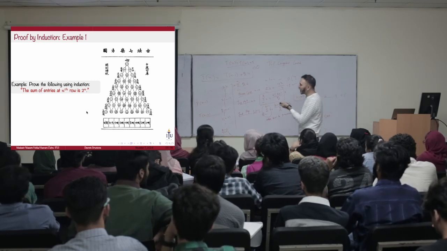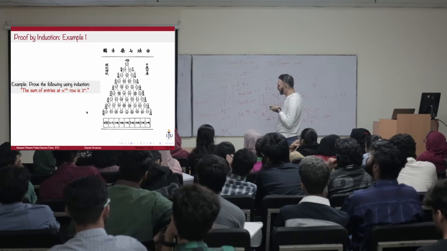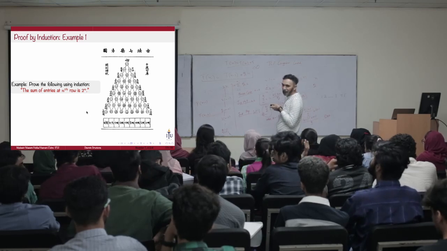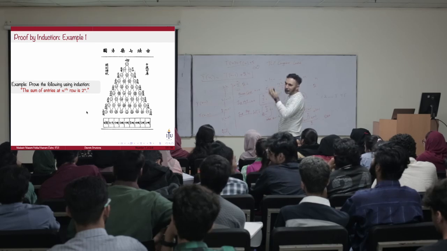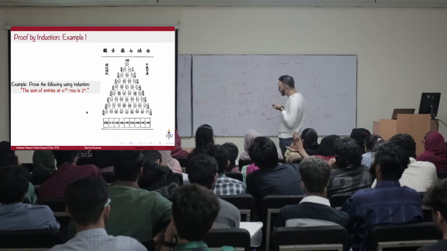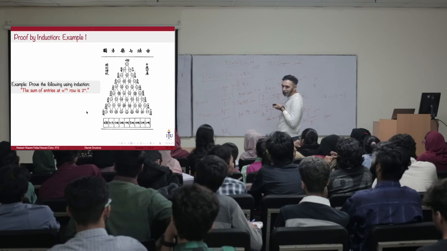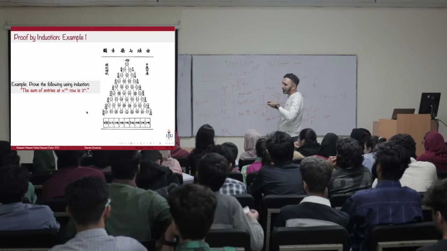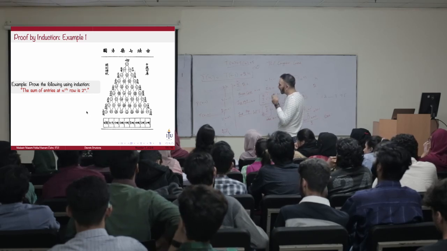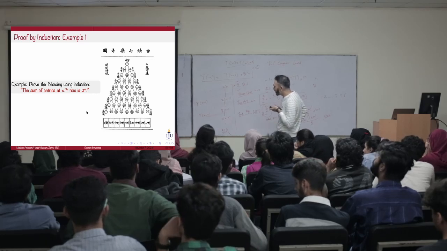So if you look at this row, this is 1, this is 2, this is 1. 1 plus 2 plus 1 is 4, and 2 raised to the power 2 is 4, right? And the next is 1 plus 3 plus 3 plus 1, which is 8, right? And 2 raised to the power 3 is 8, right? And so on.